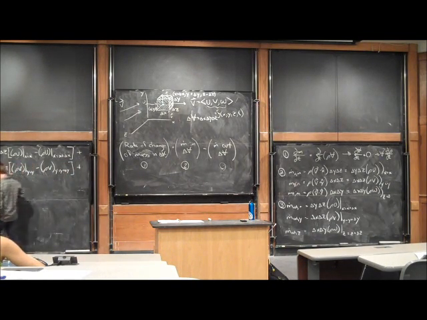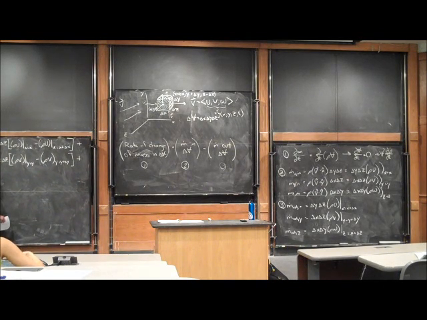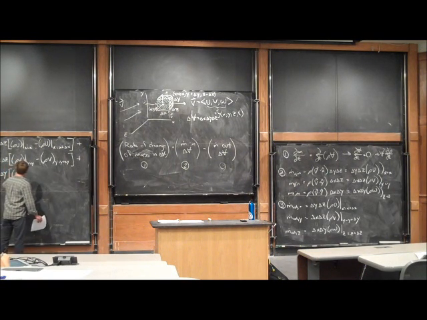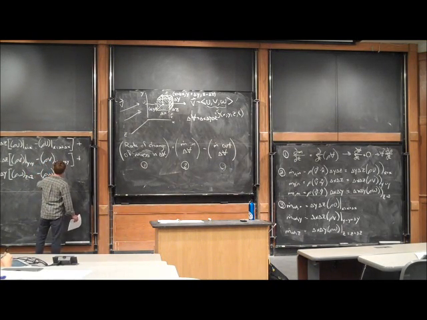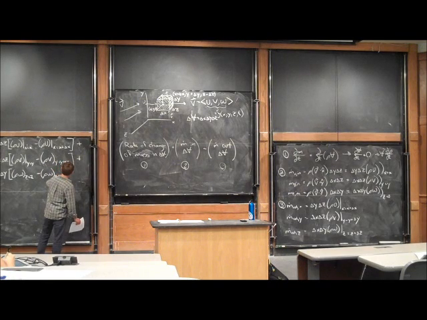Plus delta x, delta y times rho w at z is equal to z minus rho w at z is equal to z plus delta z.